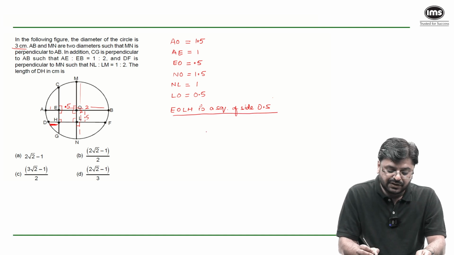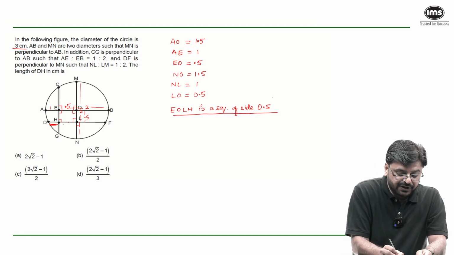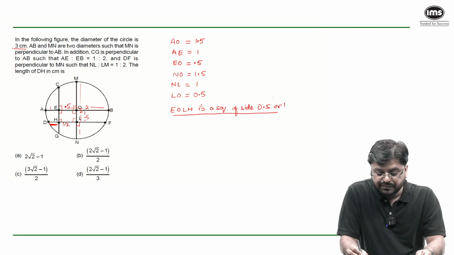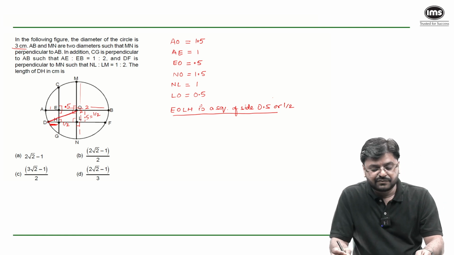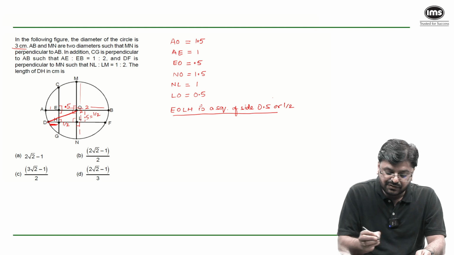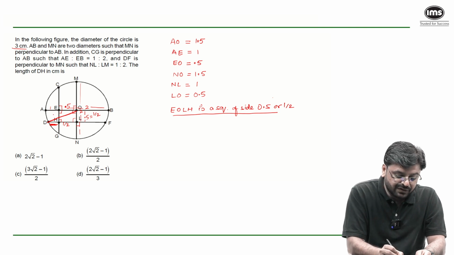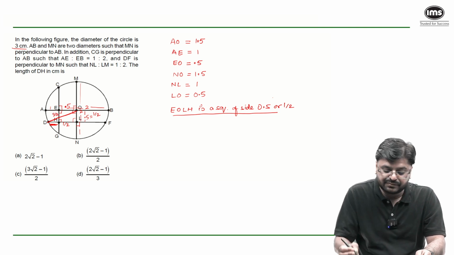Okay. Now, this is 0.5 or 1/2. This is given to us as 0.5 or 1/2. Now if I join OD, OD is the radius which is 1.5 or 3 by 2.